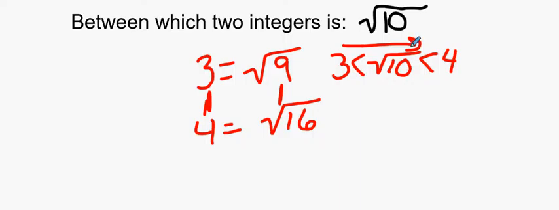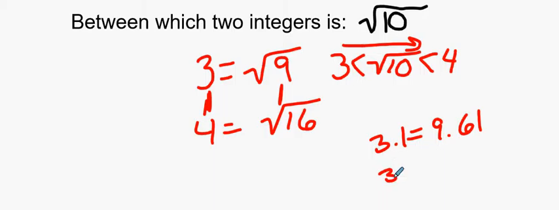Remember, when we write square root of 10, we're really saying what number times itself will equal 10. And so some number between 3 and 4, not quite 3.1 because that's going to be 9.61, still too low.